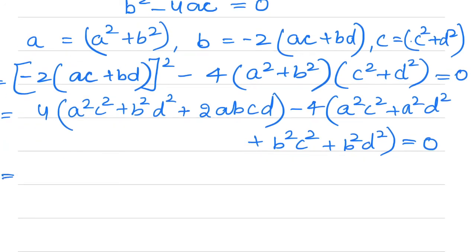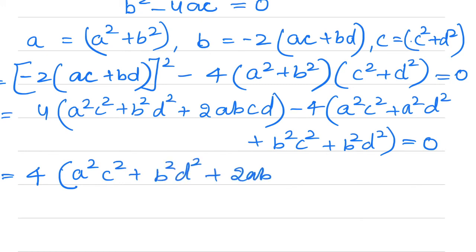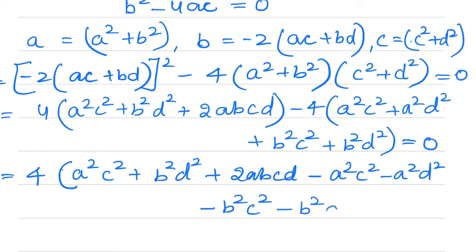Now I can take 4 common, so I'll be left with a square c square plus b square d square plus twice abcd minus a square c square minus a square d square minus b square c square minus b square d square is equal to 0.